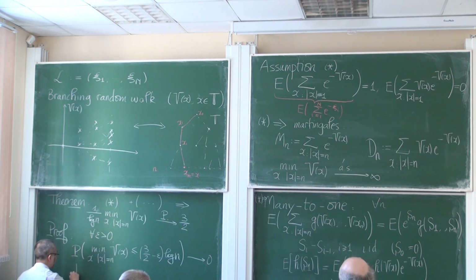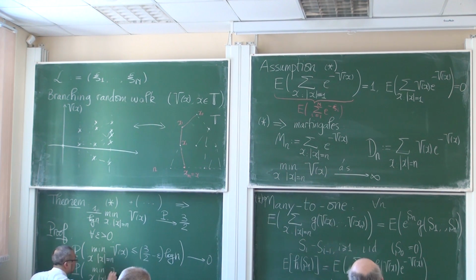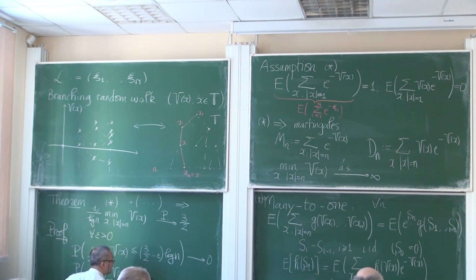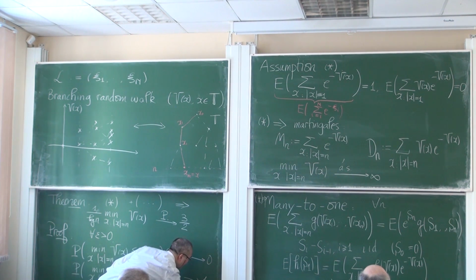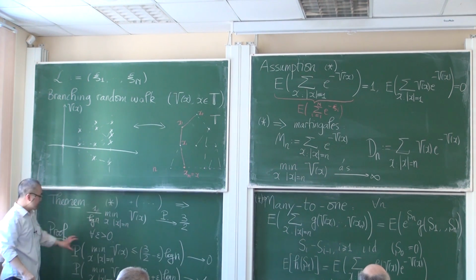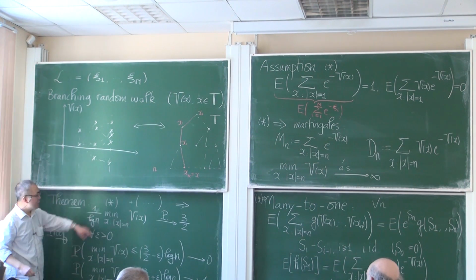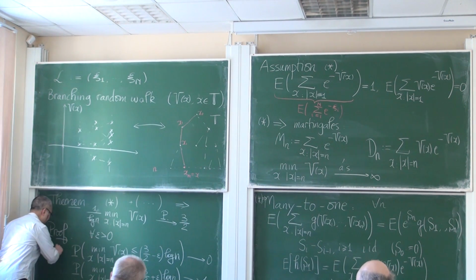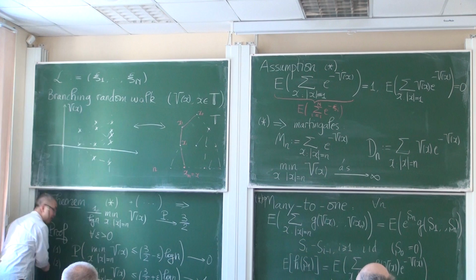And the probability that the same quantity is smaller than or equal to 3/2 plus epsilon times log n goes to 1. So the two convergences together will give me the statement of the theorem. Okay, so the first one I'll call 1, the second one I'll call 2.